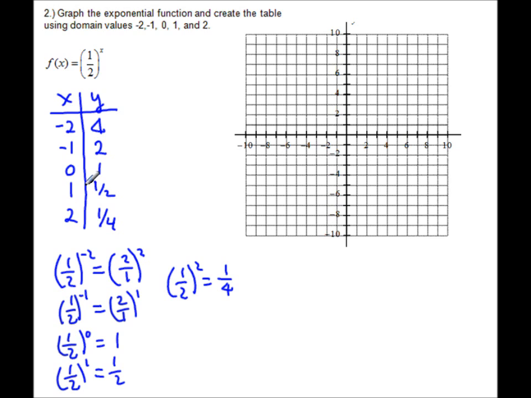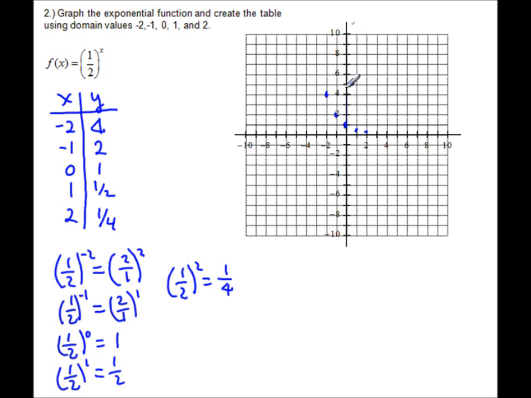So now what we want to do is graph it. So we have -2, 4, -1, 2, 0, 1, 1, 1/2, and 2, 1/4.